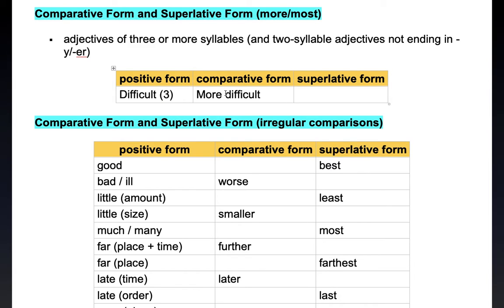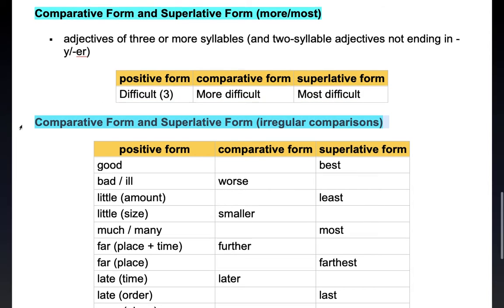Entonces, en la parte de arriba, esto no aparecía. Simplemente lo colocaba er. Pero como esto es un adjetivo de más de 2 sílabas, debo de colocar more. And what is the superlative form? This one. Most difficult. And that's it. Very simple. Muy fácil.